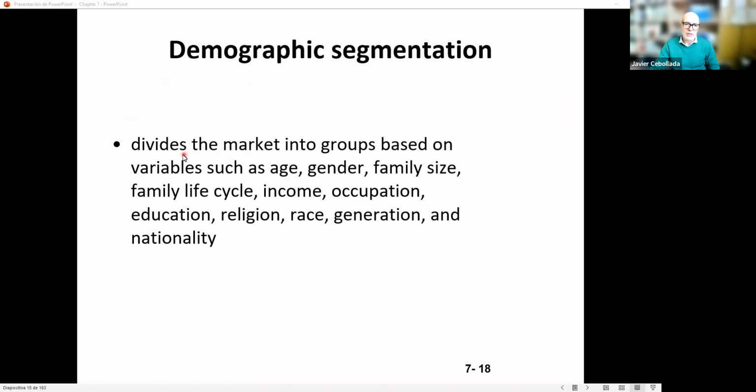Demographic segmentation divides the market into groups based on demographic variables such as age, gender, family size, or others, as you can see here. That happens for many products, that the preferences of consumers vary by demographic variables, so it makes sense in those cases.